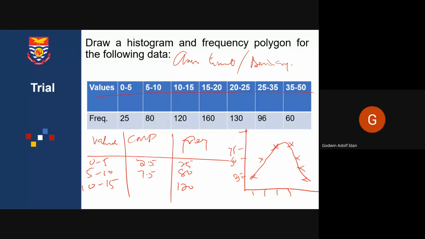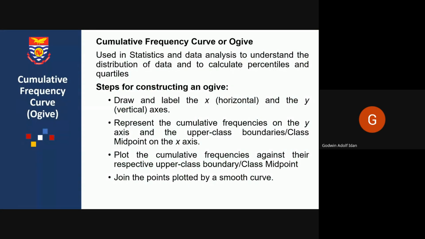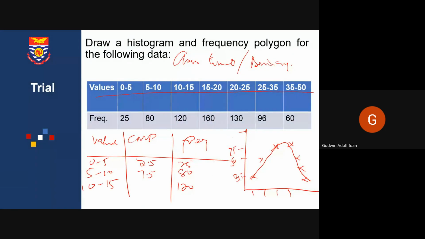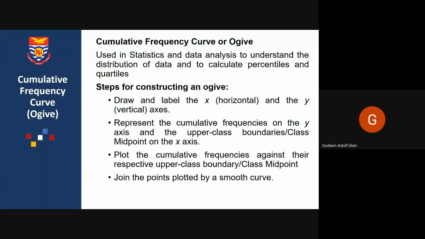Now let's add a little to the frequency polygon to look at the cumulative frequency curve, or what we popularly refer to as the ogive. So when you want to plot the cumulative frequency here, there is a very good reason why we will have to advance from the frequency polygon to the cumulative frequency curve. At this point, we are not just interested in the midpoint, we are also interested in the cumulative frequency.